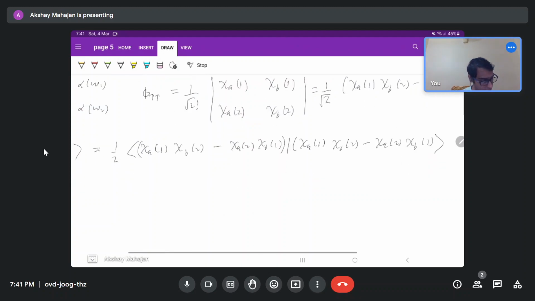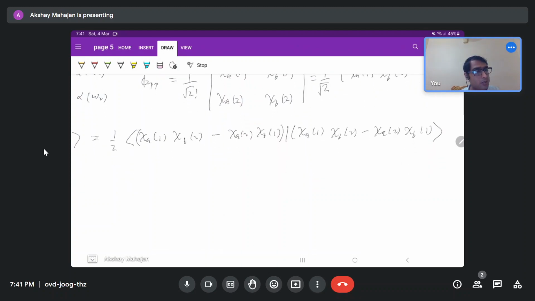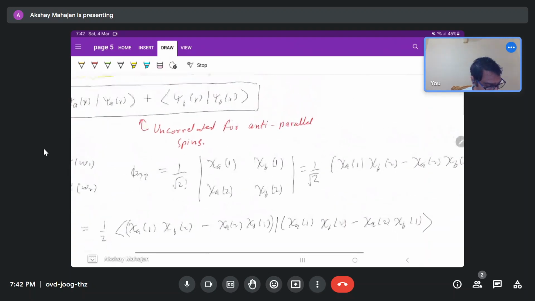Then you have to open these terms as done in the class, and I am again going with the same as what we got earlier here.